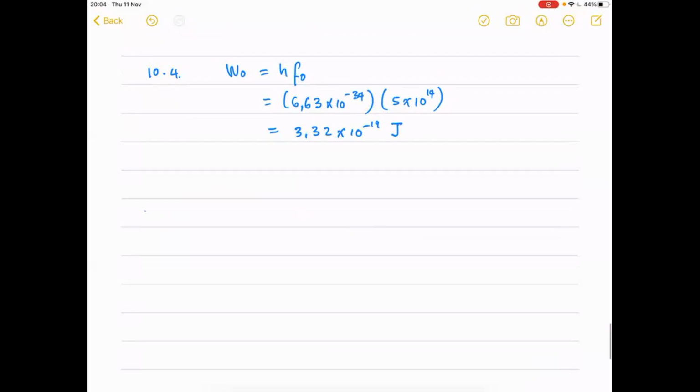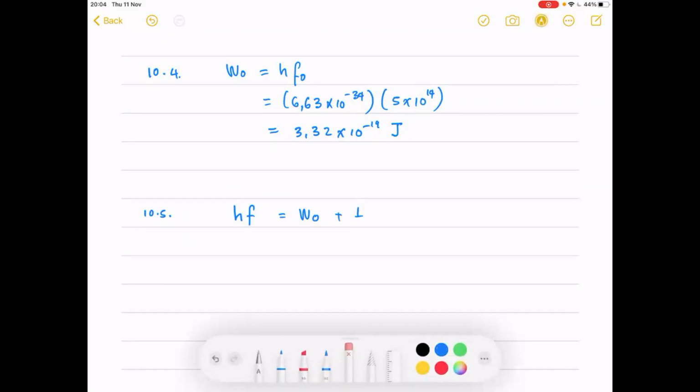Now for the next part, 10.5, we're trying to find f1, and they've given us the kinetic energy. The equation we'll use is the energy that's coming in, hf, is equal to the work function plus the kinetic energy.